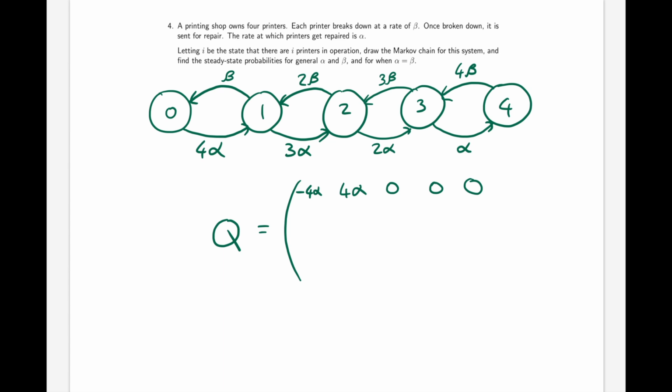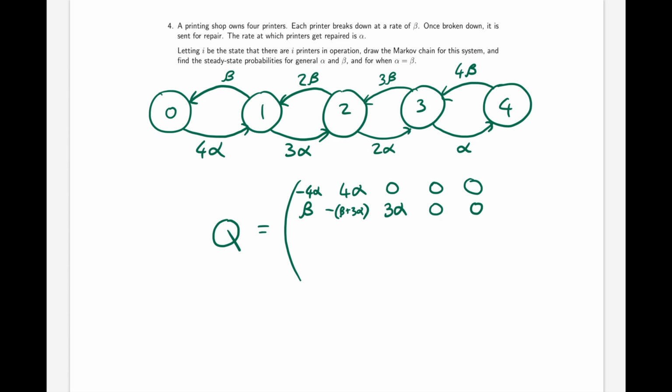For state 1, the rate at which you go from state 1 to state 0 is beta. From 1 to state 2 is 3 alpha, 0 elsewhere. And you need the negative of the sum of the row on the diagonal. This would be minus beta plus 3 alpha.